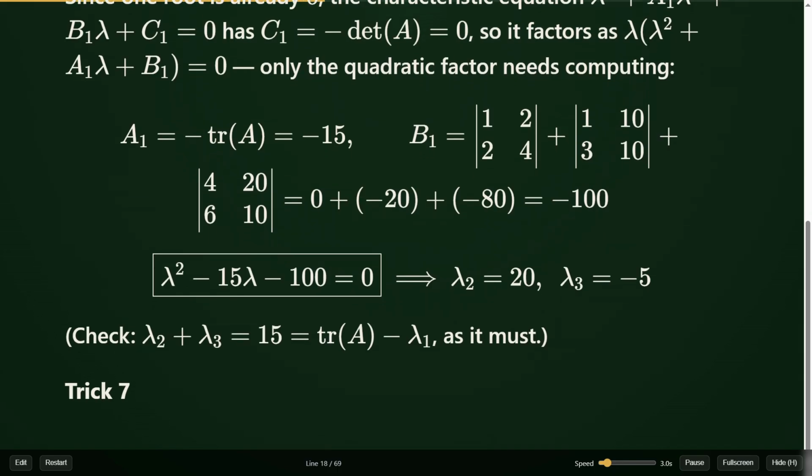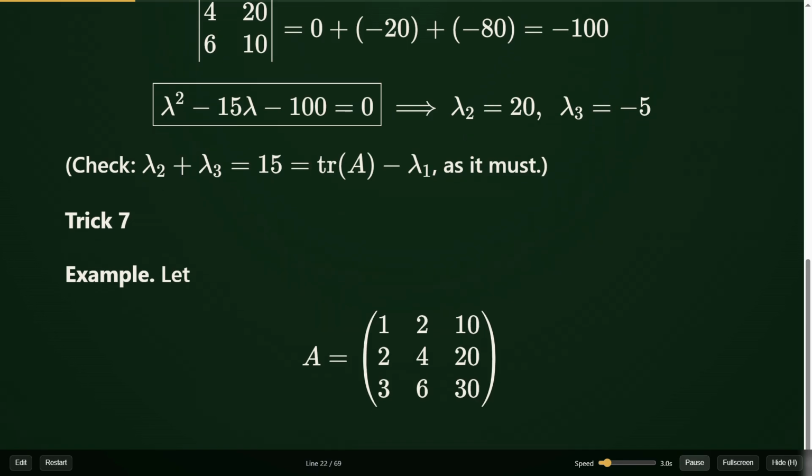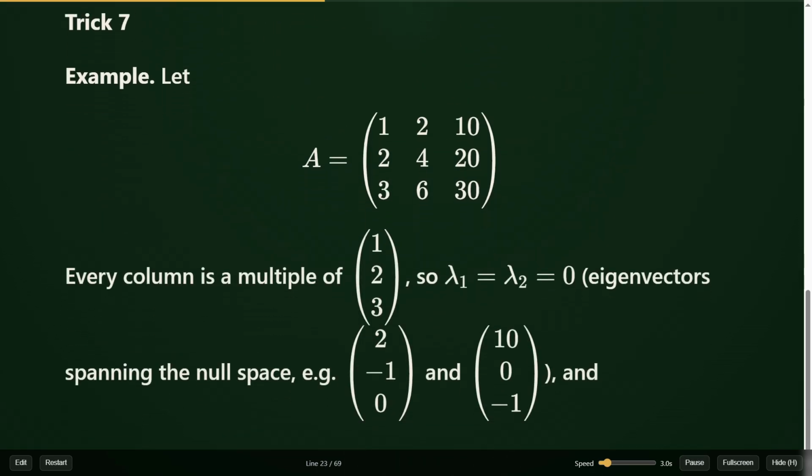Let us look at trick number 7. Let us take the example where we have a matrix in which all the three columns are linearly dependent. The third column also, the last entry was 10 earlier, now I made it 30. So if you take the first column, the second column is a twice multiple of the first column, and the third column is 10 times the first column.